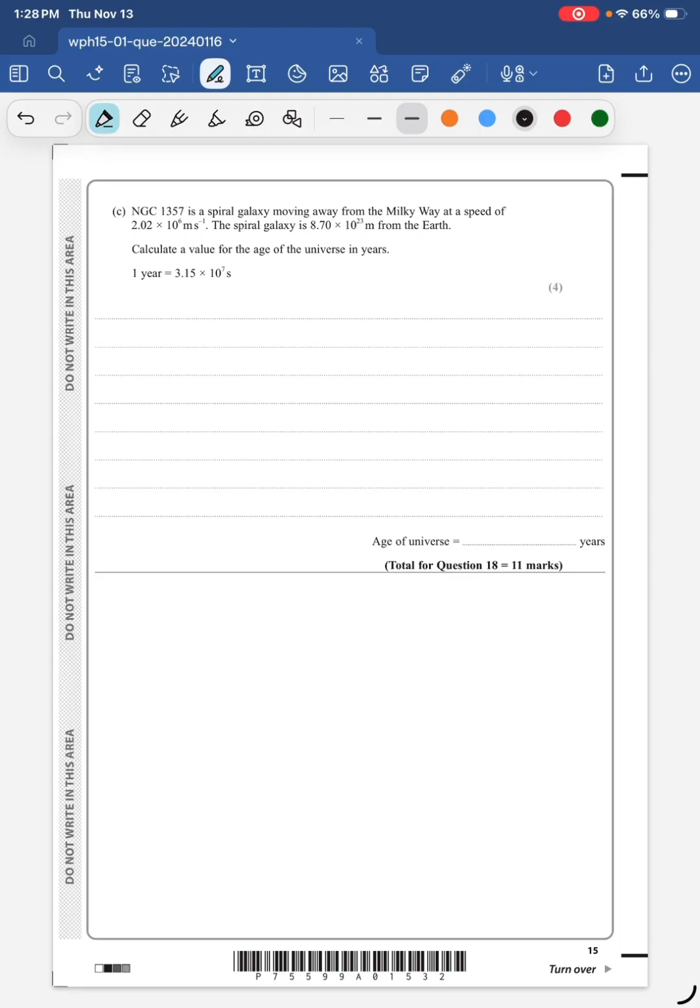We're given the velocity and the distance. Remember that the velocity of a galaxy is given by h naught times d, where h naught is the Hubble constant. So h naught is v over d, and this gives us 2.32 times 10 to the minus 18 seconds to the minus 1.